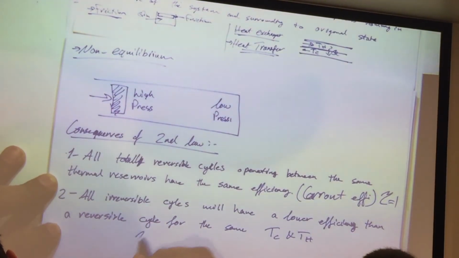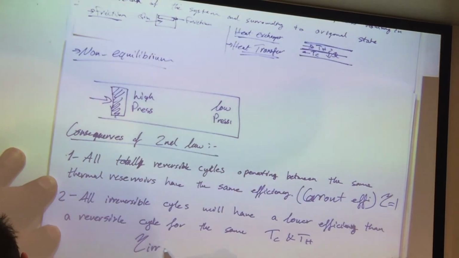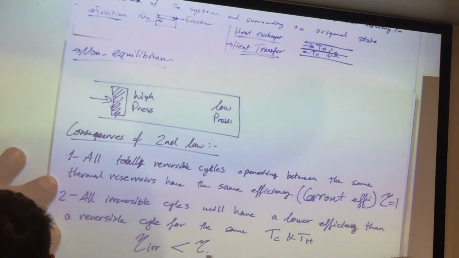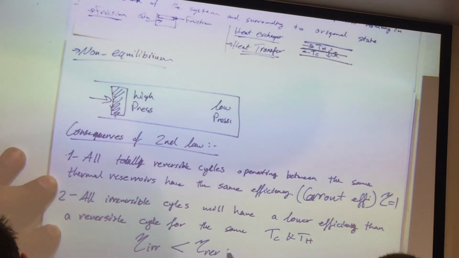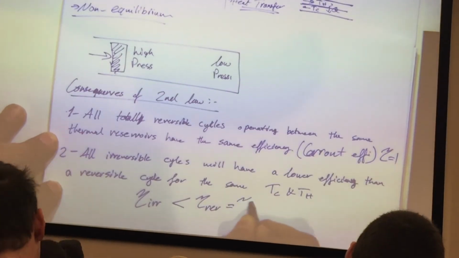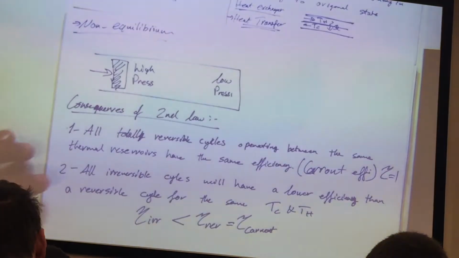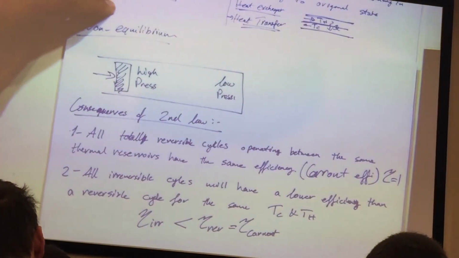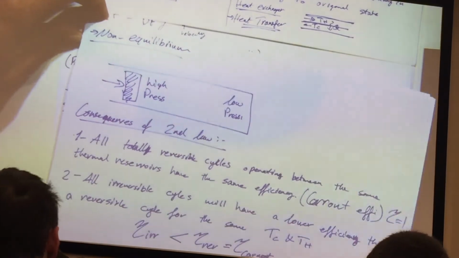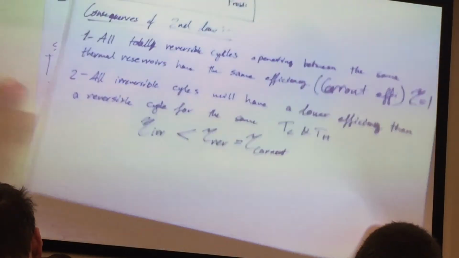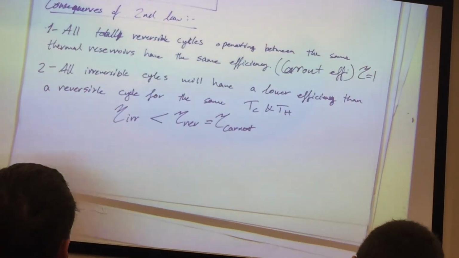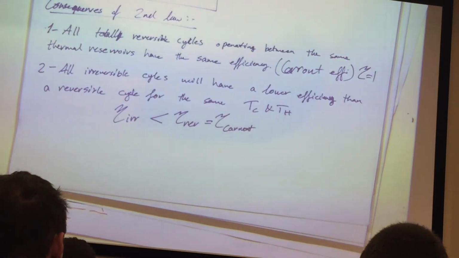So meaning eta irreversible is going to be less than eta of the reversible system, which this reversible system is equal to 1. Okay? These are just bounds that we are trying to apply the second law to the first law by, just rules.